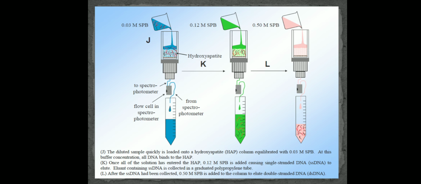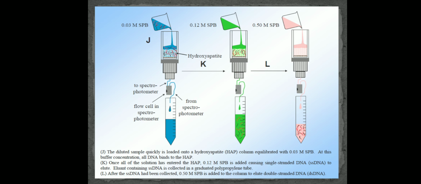All the DNA in the first step was bound to hydroxyapatite. Now in this step, the single stranded DNA gets removed because the buffer concentration has changed, and it is collected.